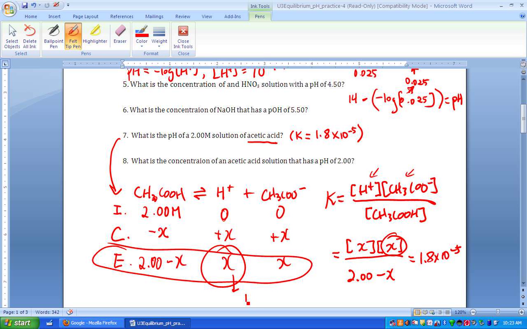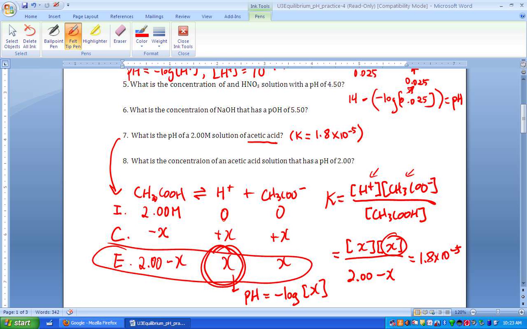If you look carefully, our x is the hydronium ion, which allows you to figure out the pH value, because pH is the negative log of x, because x is H+. If you remember the lab, we actually had a different unknown.